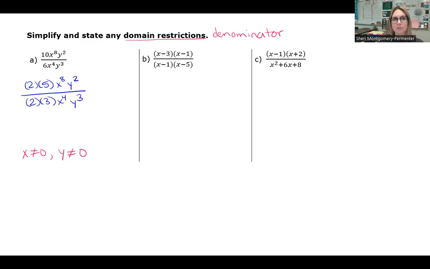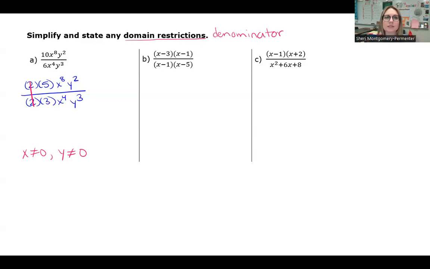We have to look on the top and the bottom, and this is step 3. We're looking to see if any factors divide out, because what's 2 divided by 2? 1. So anything over itself becomes 1. And with my exponents, I will always subtract towards the bigger one.